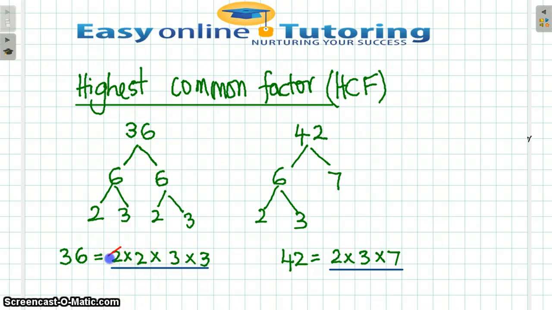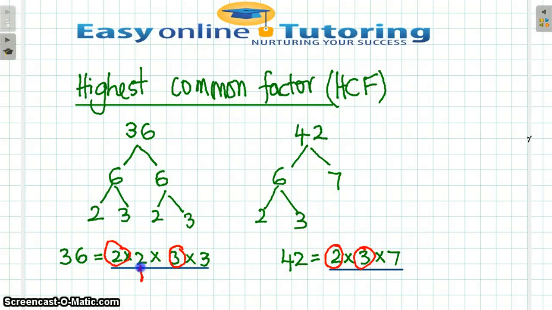Sorry, I changed my tool. Pen. There's a number 2, and there's a number 2. Here there's a number 3, and there's a number 3. So both of the numbers have the prime factors 2 and 3.